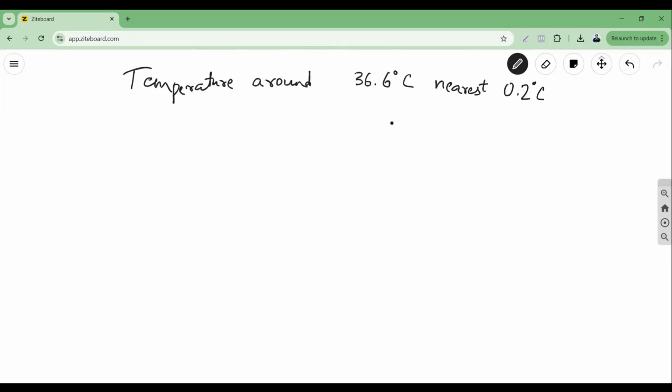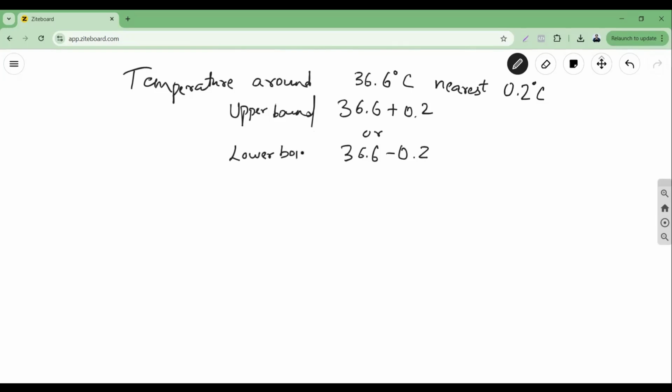What they mean by this is that it is 36.6 plus 0.2 or 36.6 minus 0.2. So when I do addition, I'll get the upper bound. And if I do subtraction, I'll get the lower bound. If I add, I'll get 36.8.